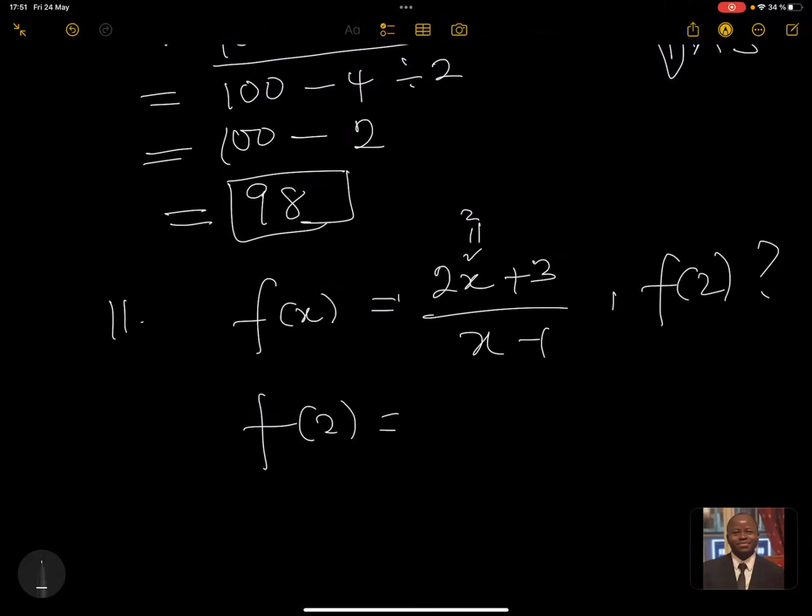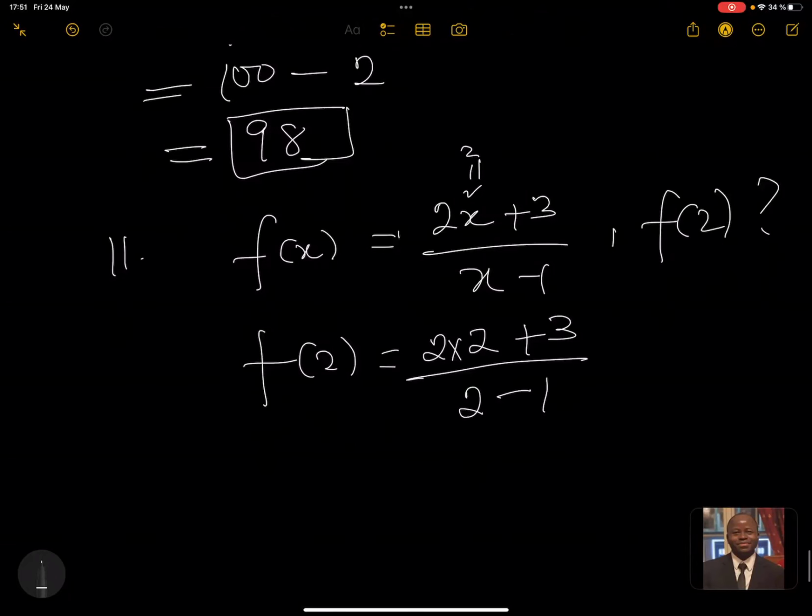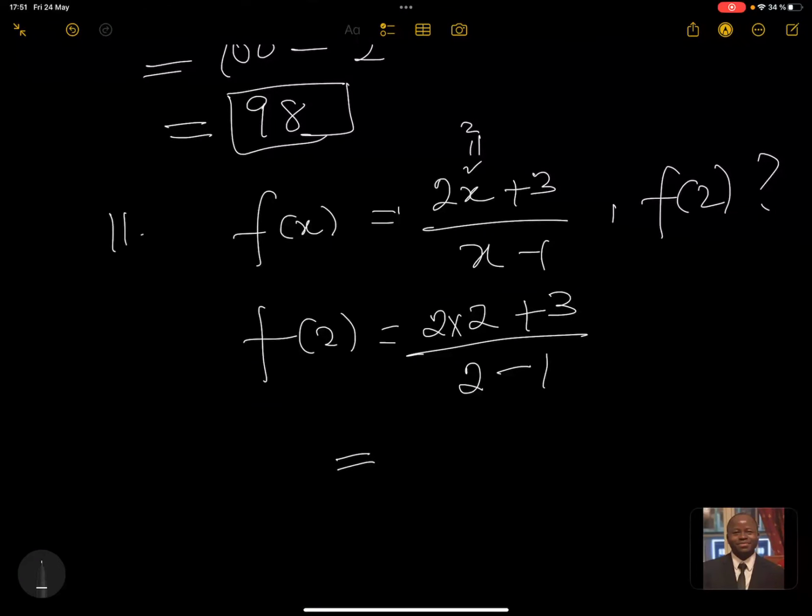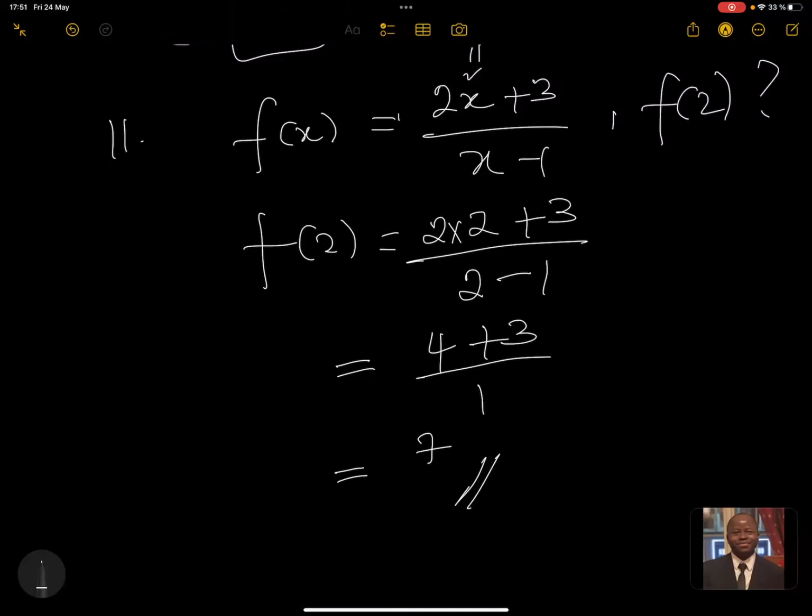So we have 2 times 2 plus 3, divided by 2 minus 1. 4 plus 3 is 7, divided by 1 is 7. So the answer is 7.